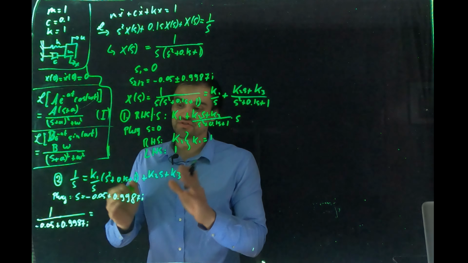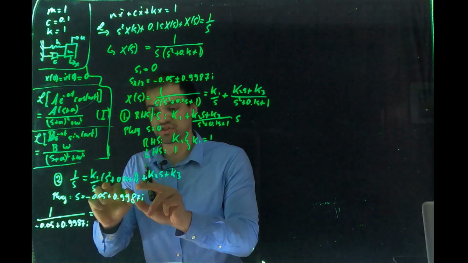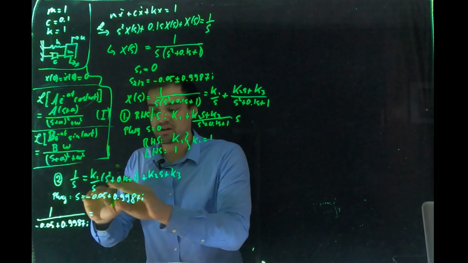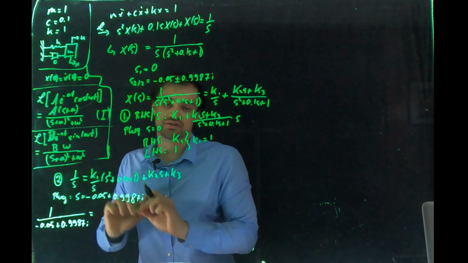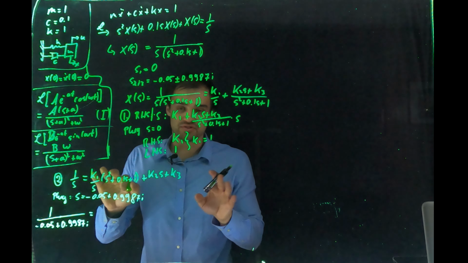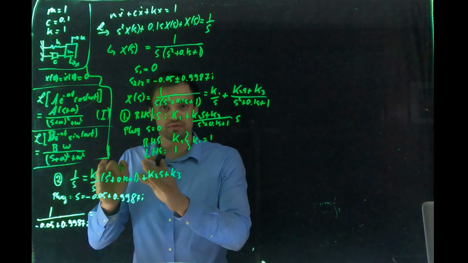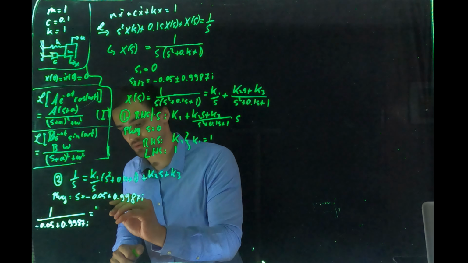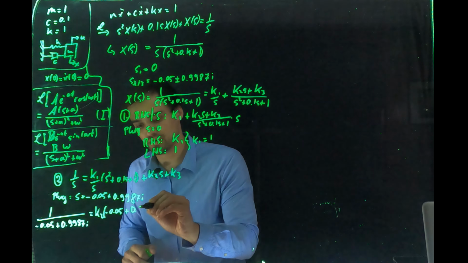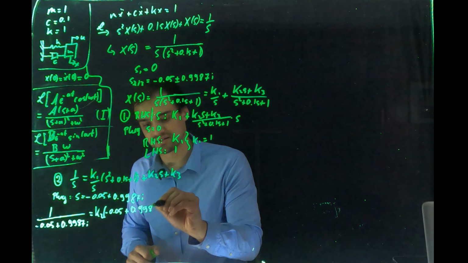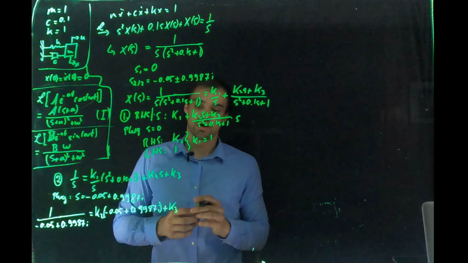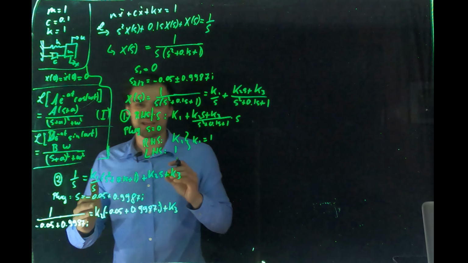I'm saving a bit of space here because I know if I plug in this root in this equation, which comes basically from the denominator, this will completely go to 0, and it doesn't matter whatever is in the denominator, except this is 0. But this is not a 0, so this is valid and simply 0. So the whole term of k1 vanishes. So I'm only left with k2 multiplied by minus 0.05 plus 0.9987i plus k3.